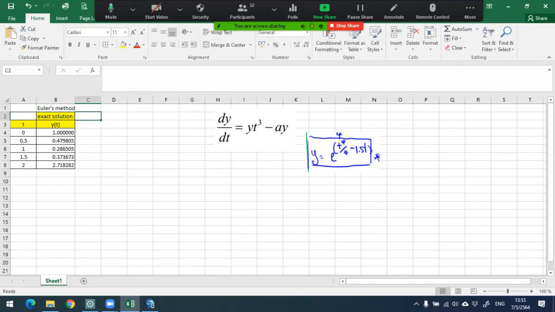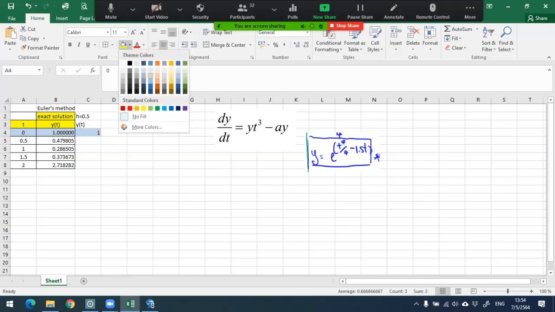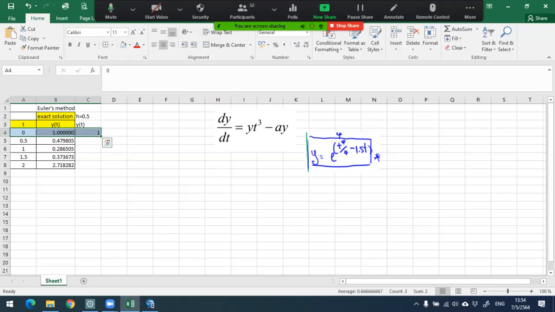We may start with h equal to 0.5, and this is y. Starting with the initial condition, which should be given, this row is not necessary to calculate because it is an initial condition.